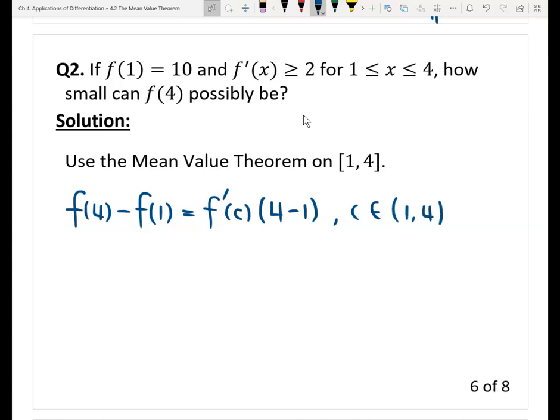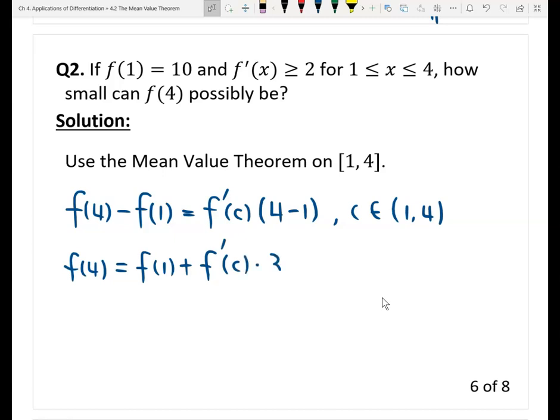This is the mean value theorem. Now from here we can solve for what we need. We need f(4), so I add f(1) to both sides. Therefore, I get f(4) equals f(1) plus f prime at c times 3.